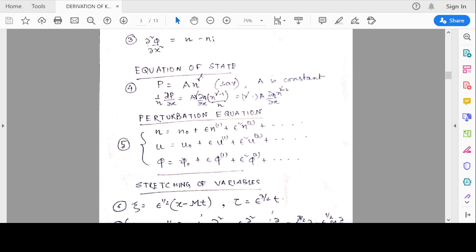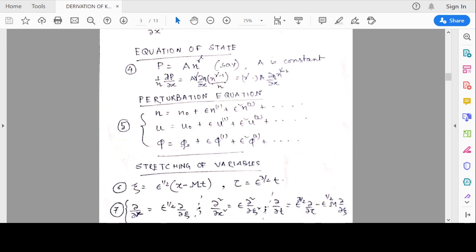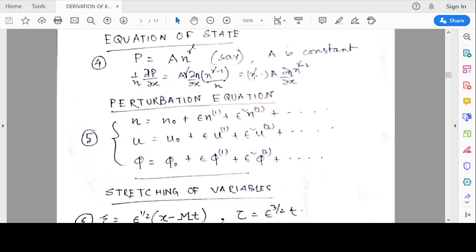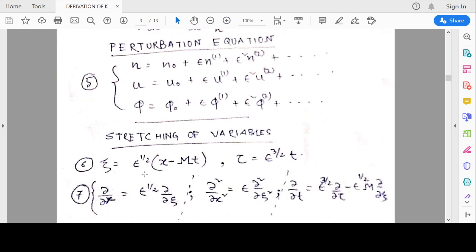So the phase is kx minus mt. Now in such a case we stretch our coordinates or give it a transform. We often call it the stretching of variables. You can see xi is equal to epsilon, where epsilon is a smallness parameter we discussed earlier, x minus mt, and tau is equal to epsilon to the power 3 by 2 t.